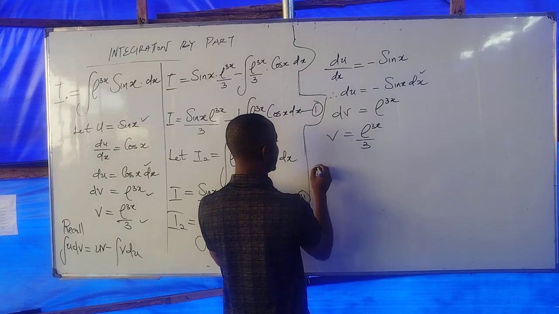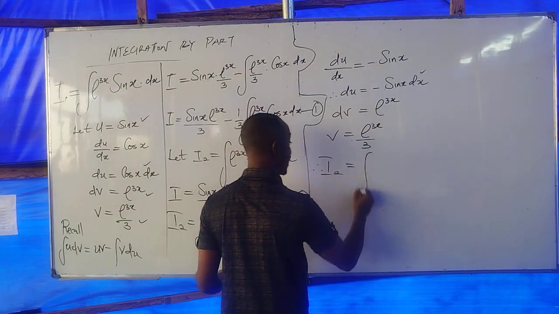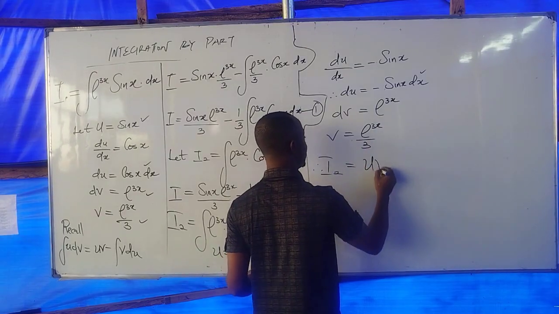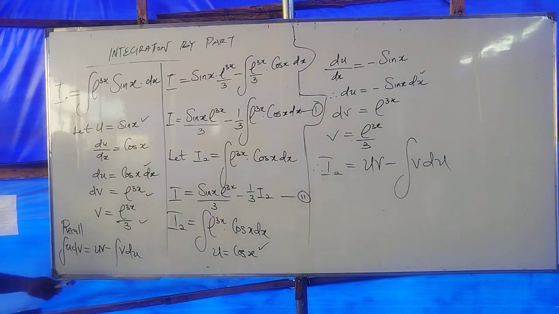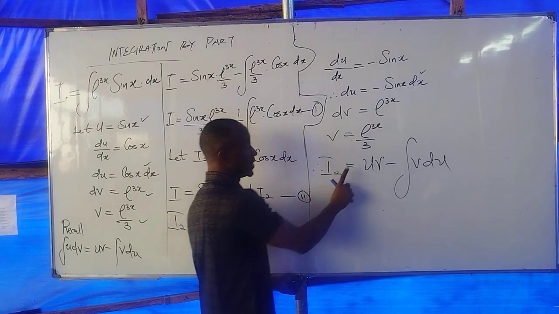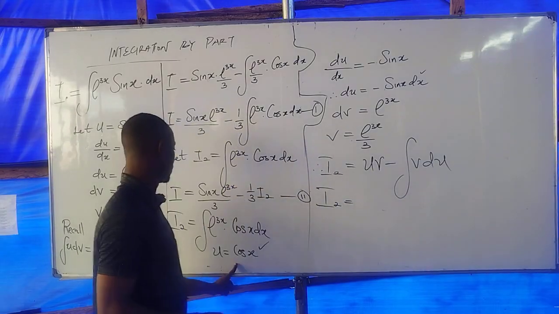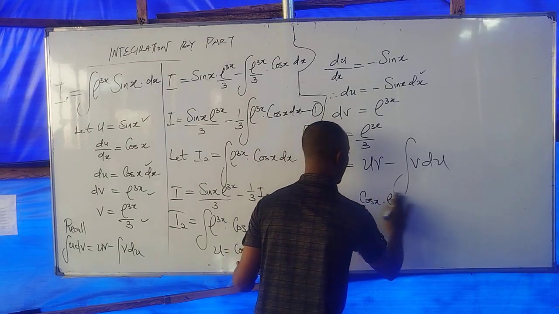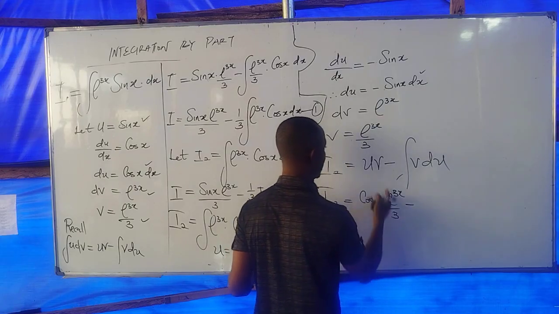Are you following now? Therefore, recall that our I2 will then give us uv minus the integral of v du. Are you aware? This I2 represents the integral of u dv, isn't it so? Which is equal to this. Now let's solve. Then I2 becomes, what's that u? Cos x dot, what's that v? Exponential 3x over 3. Let's put the sign first.